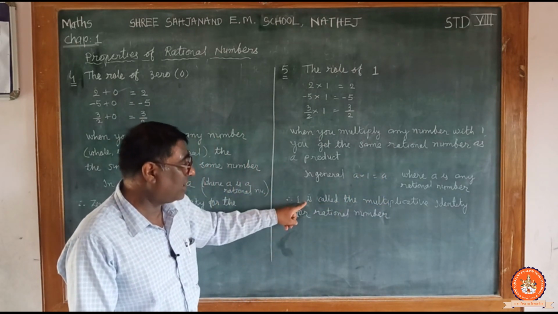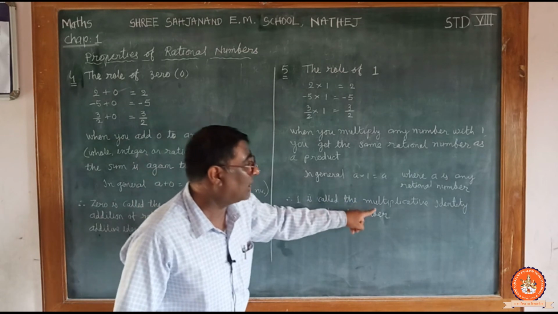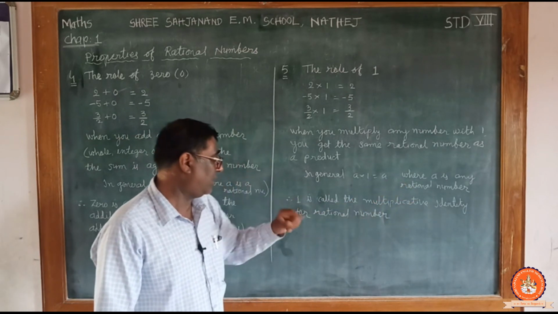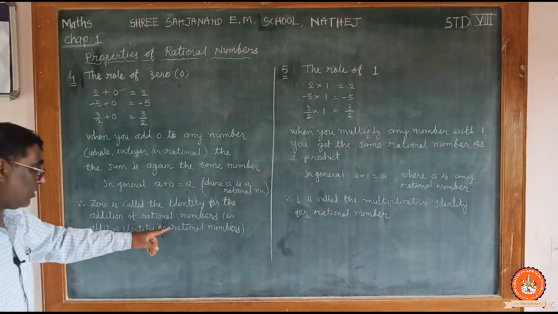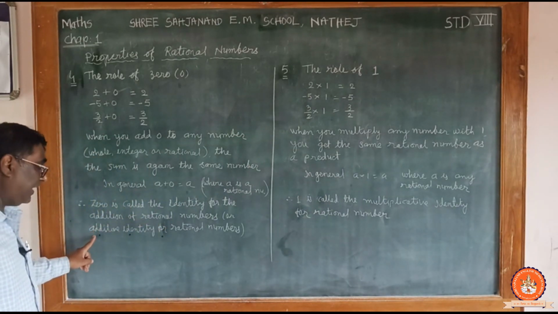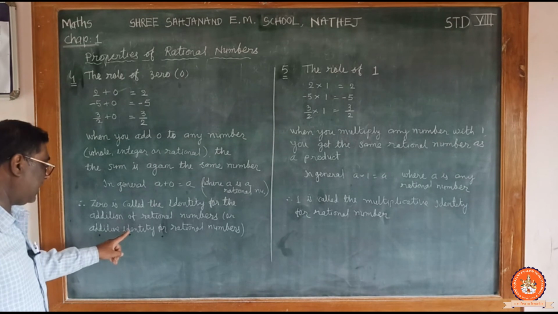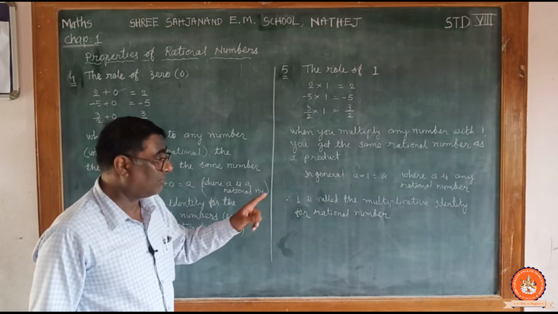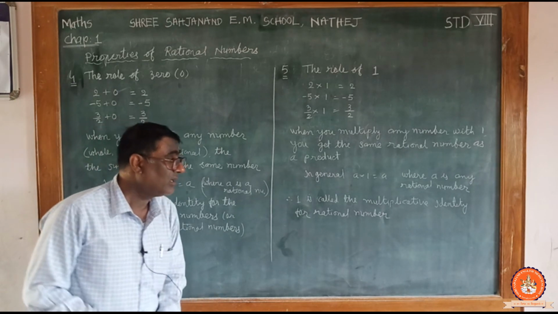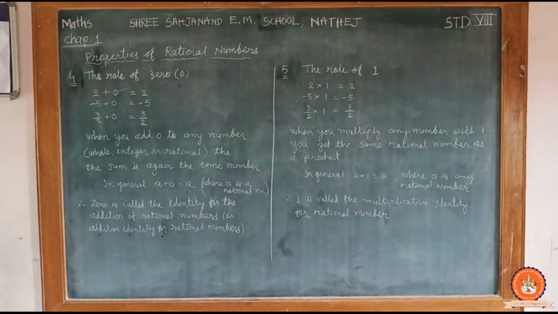So 1 is called the multiplicative identity for the rational number. 0 is called the additive identity, and 1 is called the multiplicative identity for the rational number.